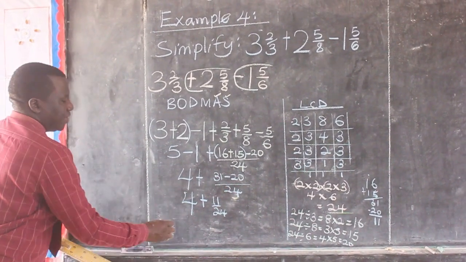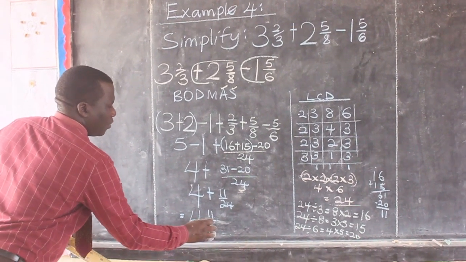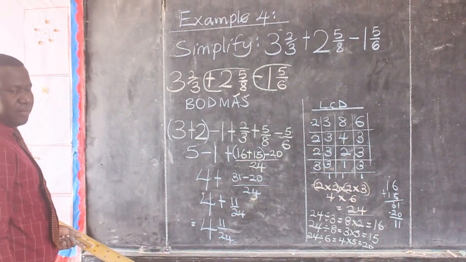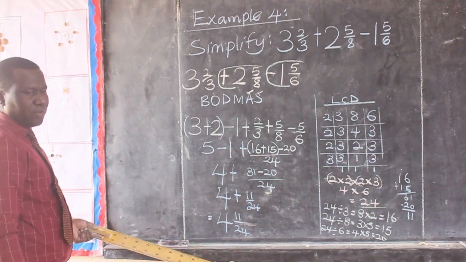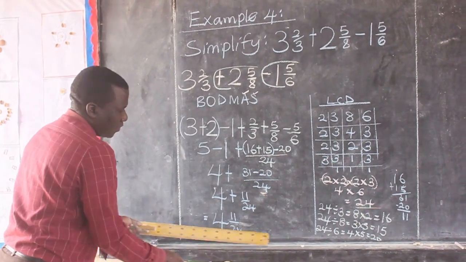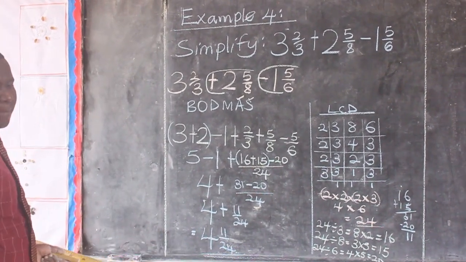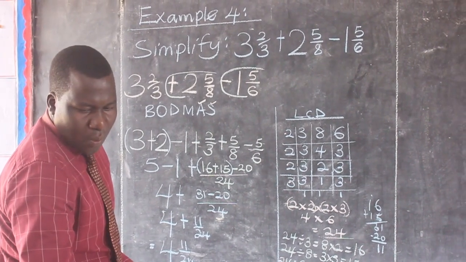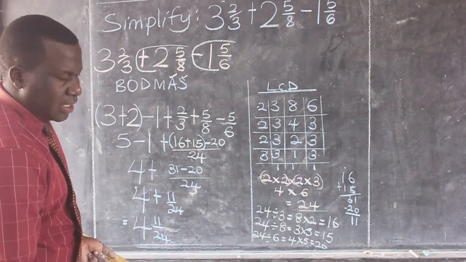And which finally gives us 4 whole number, 11 out of 24. Okay? 4 whole numbers, 11 out of 24. That is our example 4. We move on to example 5.